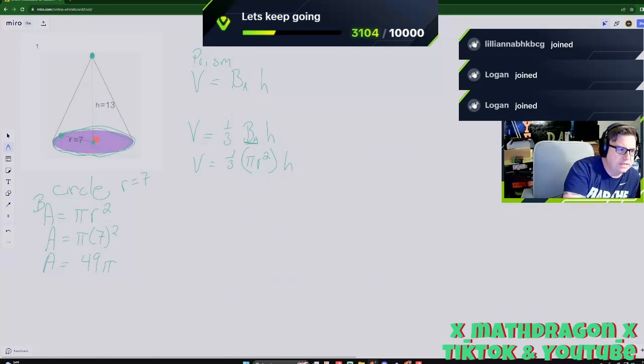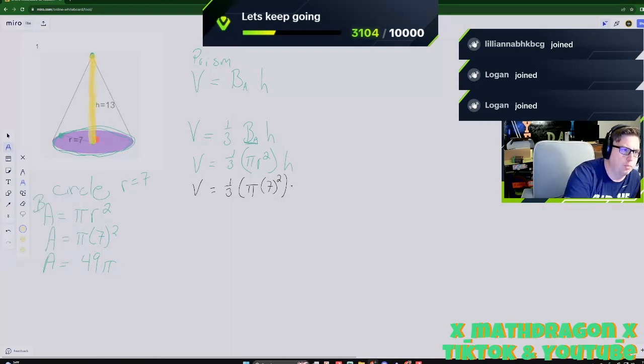So take our values now, and I'm going to change my color. I'm going to do V equals 1/3 pi times 7 squared times my height. Now the height goes from the center of my object up to the point. Okay? Maybe I should have picked a different color. Boom.